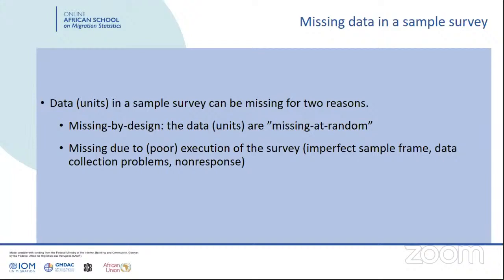And those missing due to execution of the survey, we cannot assume that they look like the units we selected with the sample. So those missing values are more complicated in terms of analysis, of course.